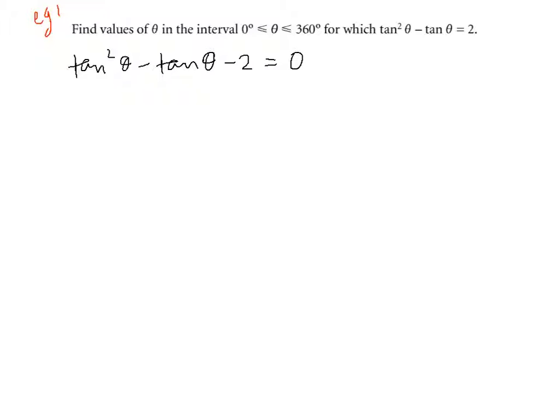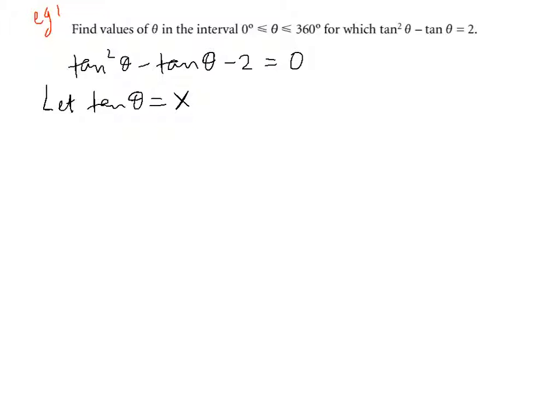Now, some students might find this daunting or a bit intimidating, and we can carry on solving it this way, but let's just simplify it by saying let tan theta equals x. And notice we're in a good situation because everything is tan theta. If it wasn't, if it had a sine or a cos, I'd try and do something so all of them are the same trig function.